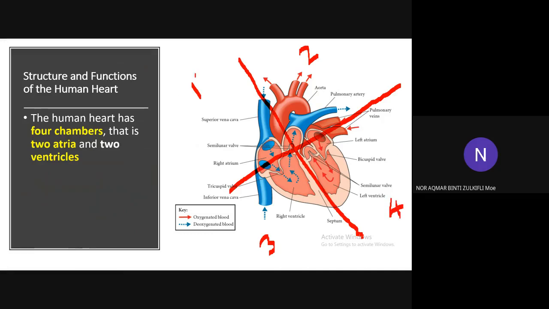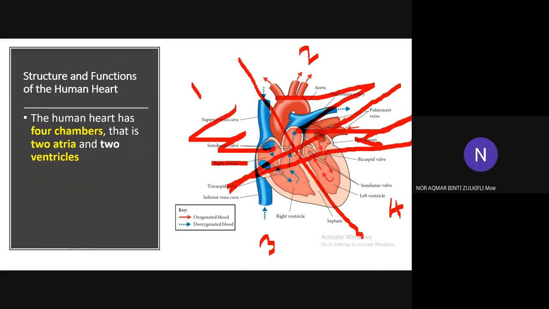The top here, we call it atria, right atrium. Then here, left atrium. Okay, actually it's the top. Start with right here. So this one we call the top of the heart. The lower one, the bottom one, we call it ventricles. Here is your right ventricle. Here is your left ventricle.